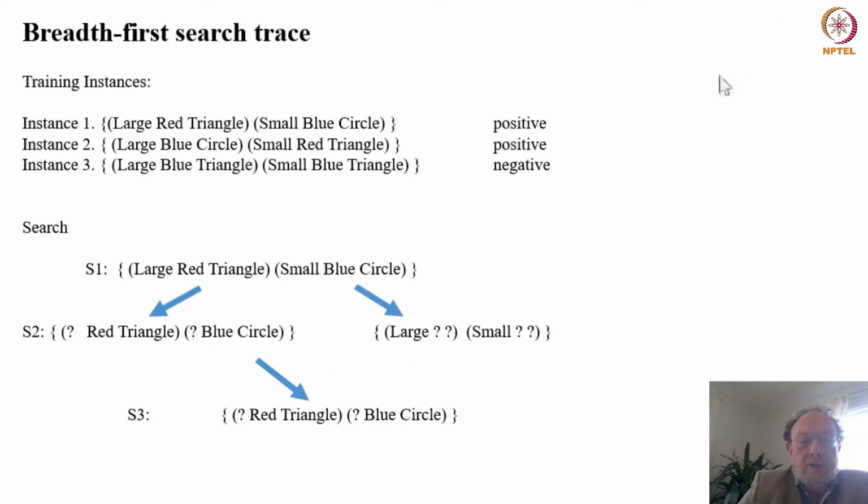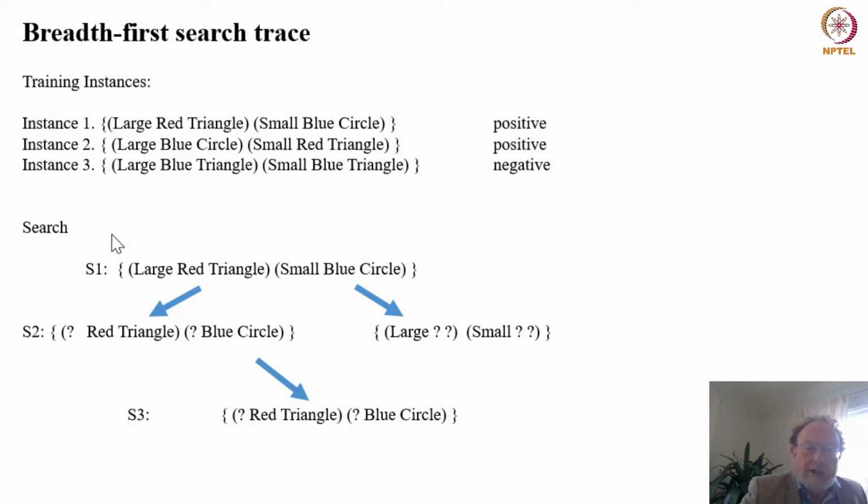Let us now look at the example again. So we have three instances, two positive and one negative. And this allows us to look at three iterations of running the algorithm.